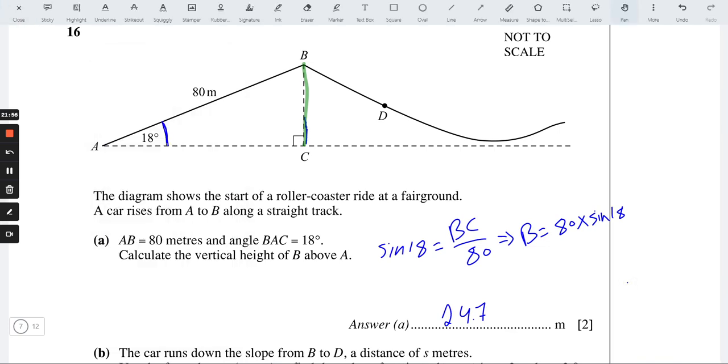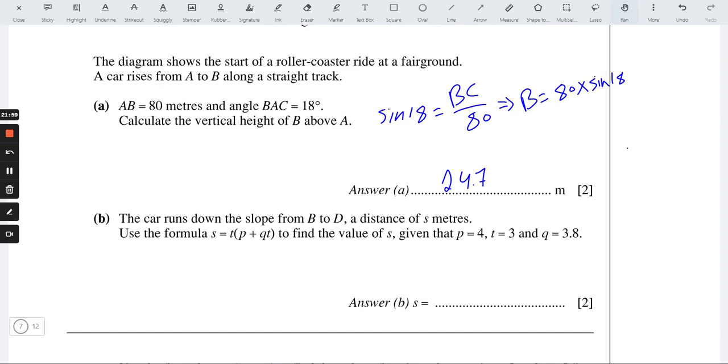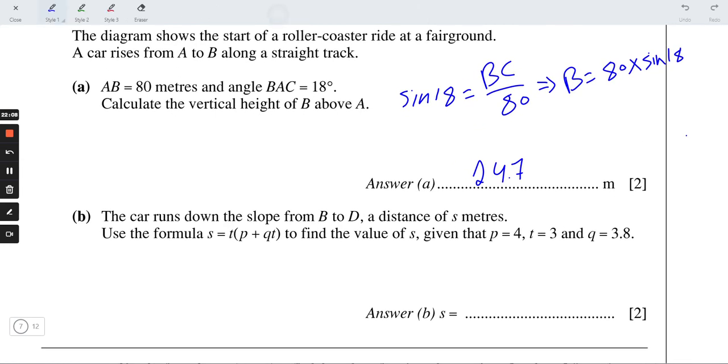Now part B. The car runs down the slope from B to D, a distance of S meters. Use the formula to find the value of S given that P is 4, T is 3, Q is 3.8. So we substitute into this formula to find S. S equals T, which is 3, times P, which is 4, plus Q, 3.8, times T, with T being 3.